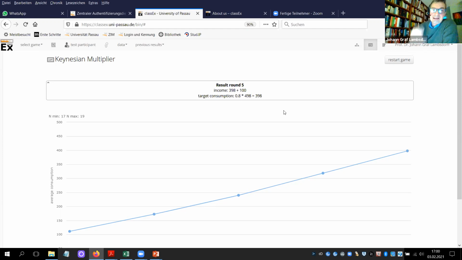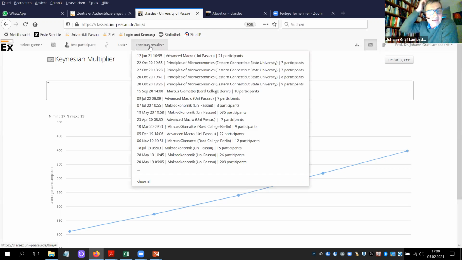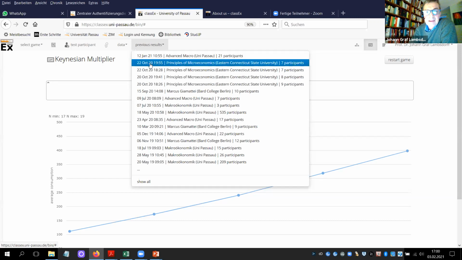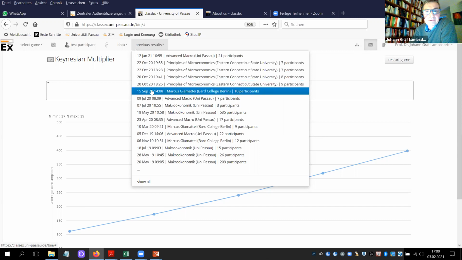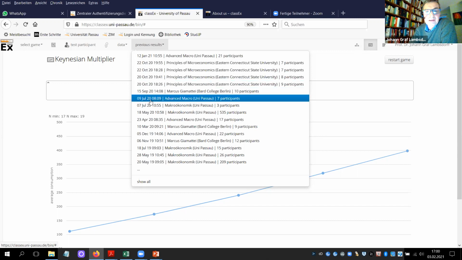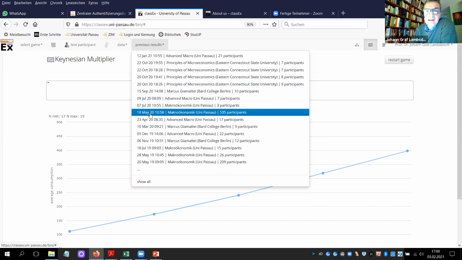Okay, so it's a game that we have played for many, many years now. And you see when you just look at the previous results, how often this is played. Here it's even in a principles micro course in Connecticut. Marcus played it. I played it in May and had 535 participants.